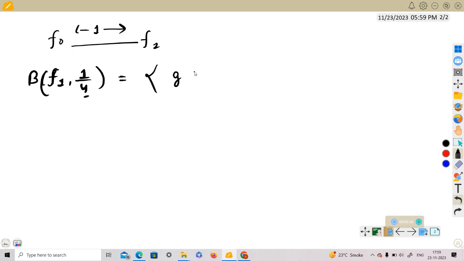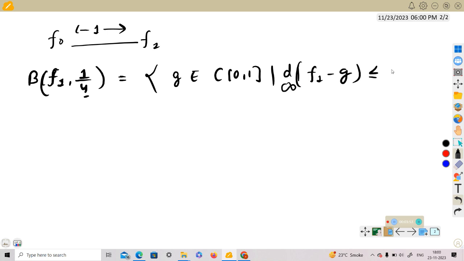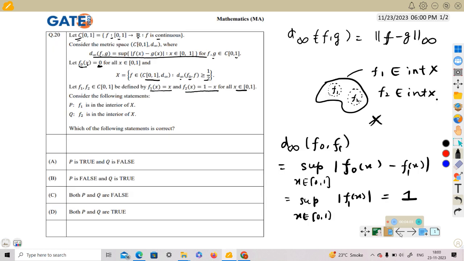This is the set of all g belonging to C[0,1] such that d_infinity(f1, g) is strictly less than 1/4.